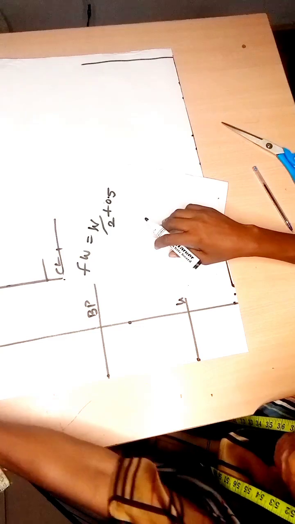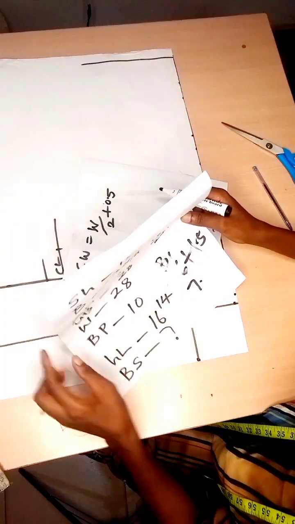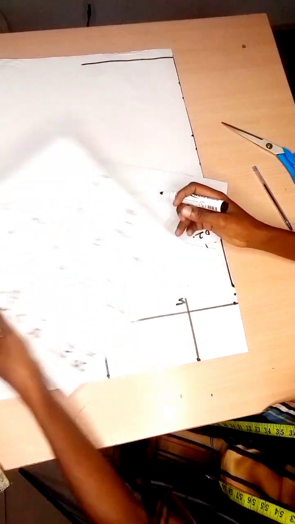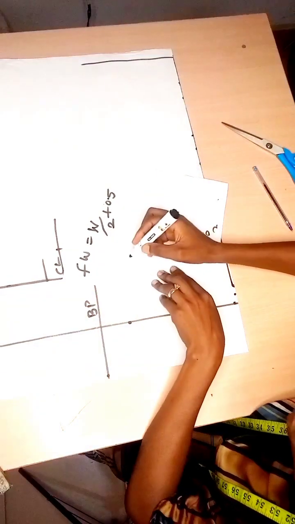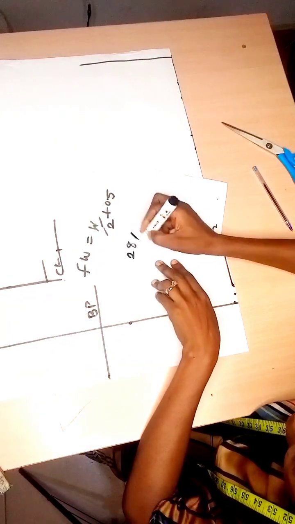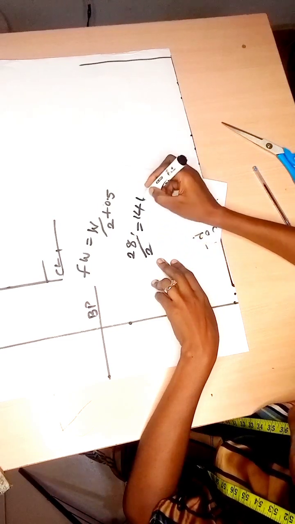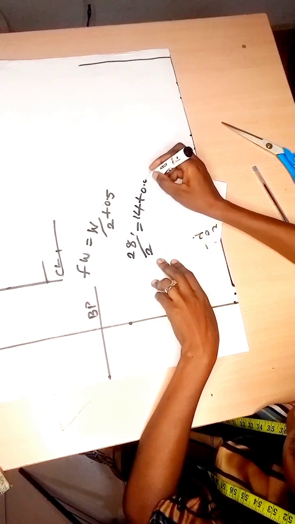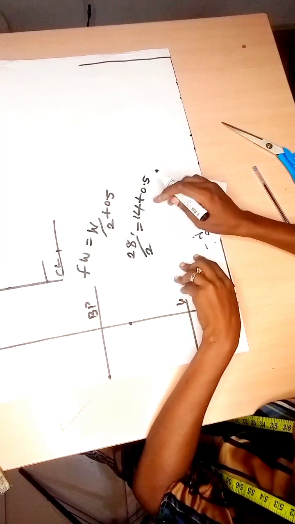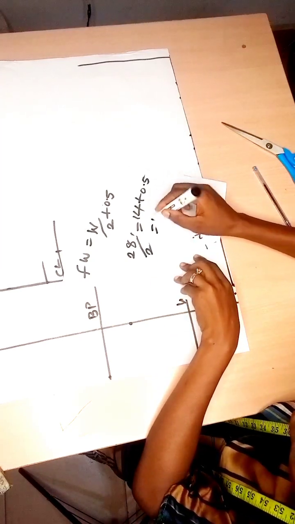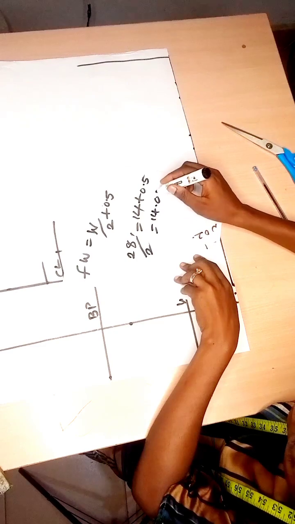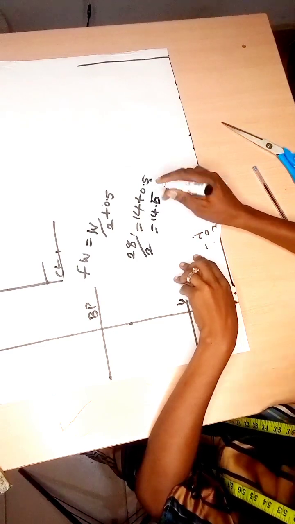Now our waist measurement is 28 inches. So 28 divided by 2 is equal to 14 plus 0.5, we have 14.5.